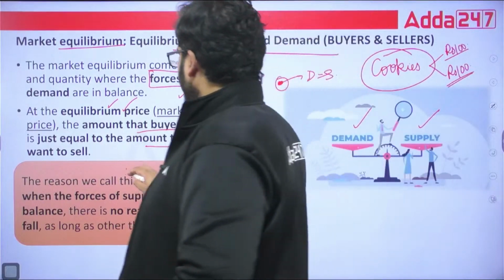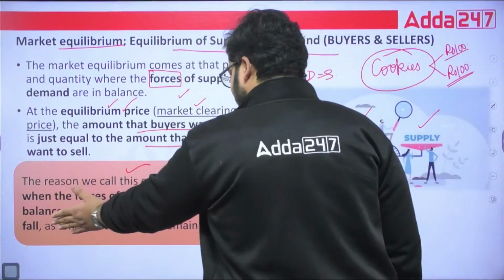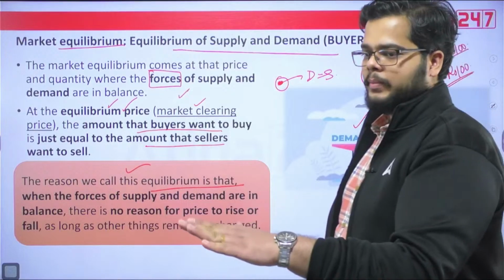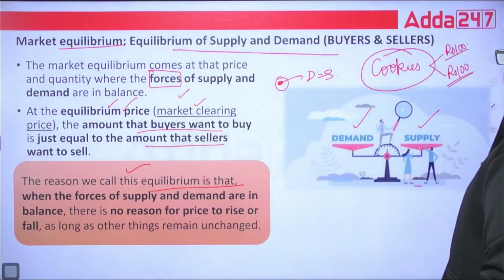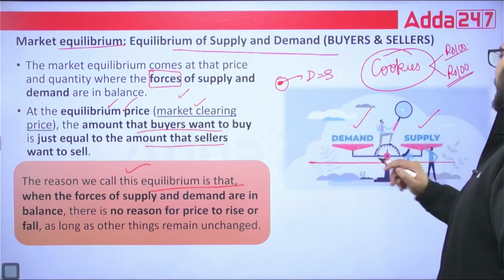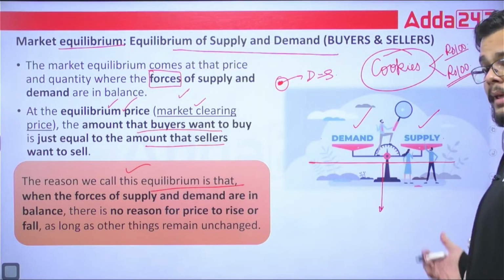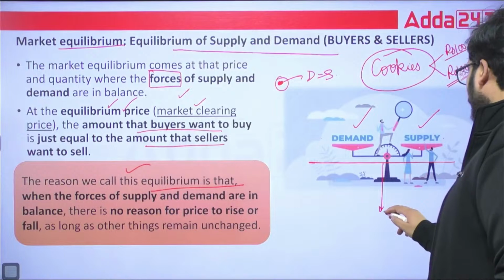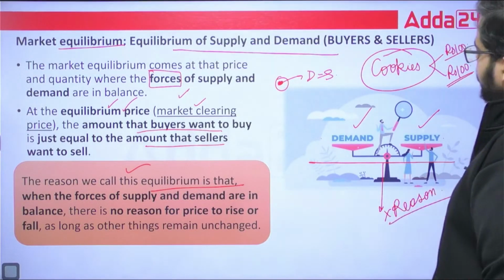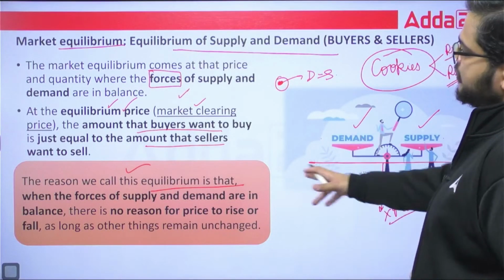Fine. The reason we call this equilibrium is that when the forces of supply and demand are in balance, there is no reason to raise or decrease the price. So whenever one equilibrium has been attained in demand and supply, theoretically there should be no reason to increase or decrease the price, because you have achieved the equilibrium price.